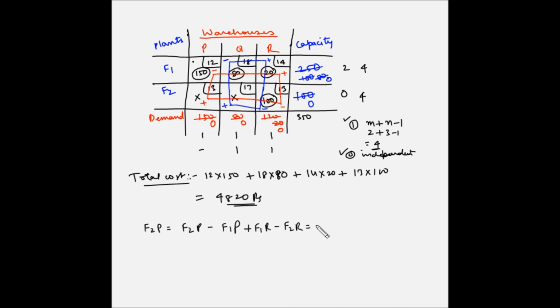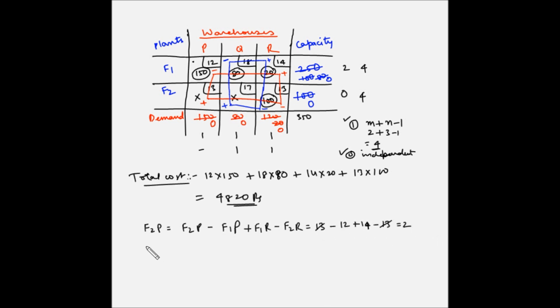The unit costs are 13 minus 12 plus 14 minus 13. So 13 gets cancelled with 13, 14 minus 12 is 2, so this is 2.